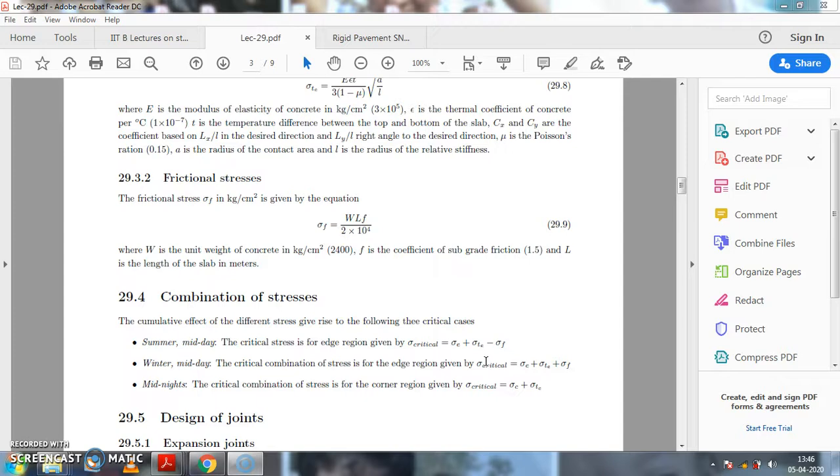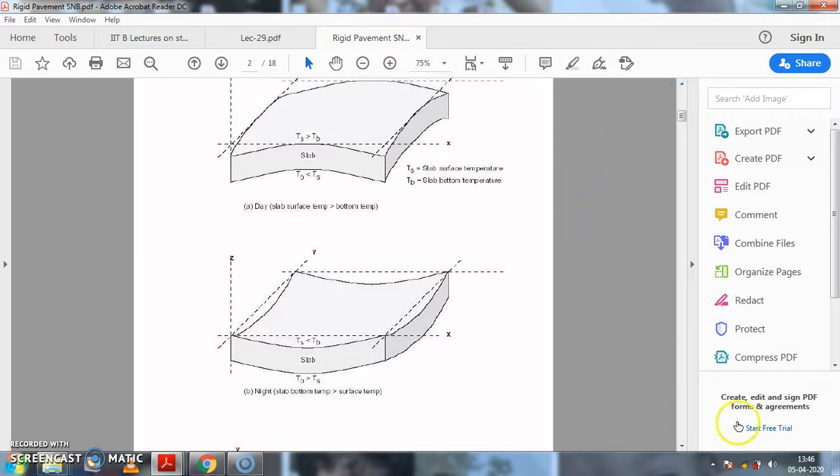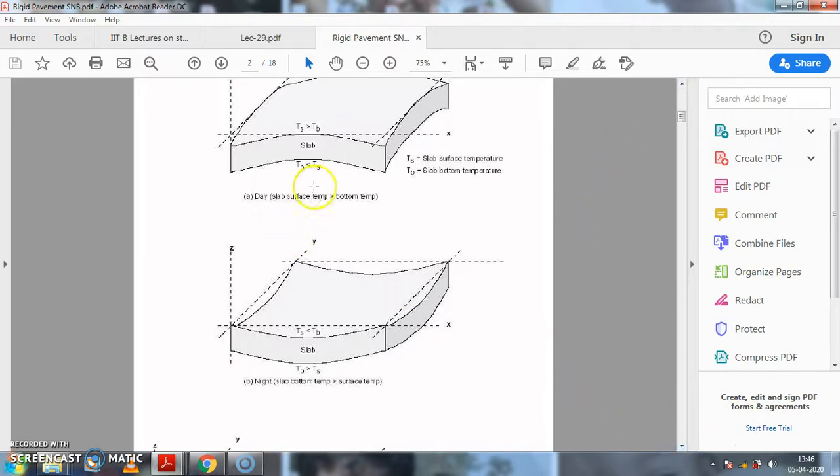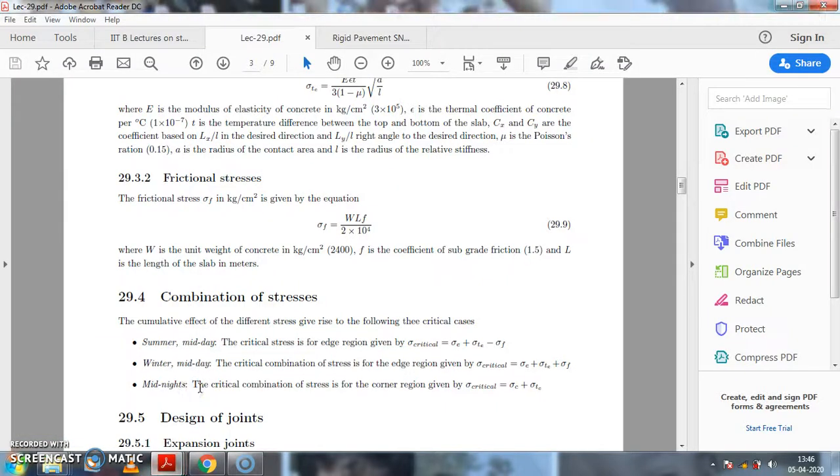Why are we omitting the frictional part? If we see the warping of any slab, at night or morning, you will find that the corner part is much safer. That's why we omit the frictional stress for the corner part. Okay. Thank you.